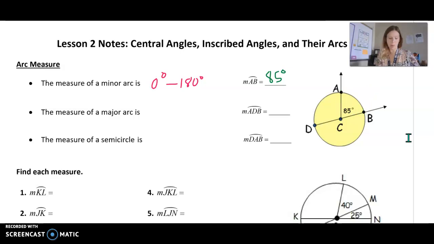Now a major arc would be anyone that is between 180 degrees and 360. Now remember, 360 is the entire circle. So it's somewhere more than half the circle, but less than a full circle. So an example of that would be ADB.